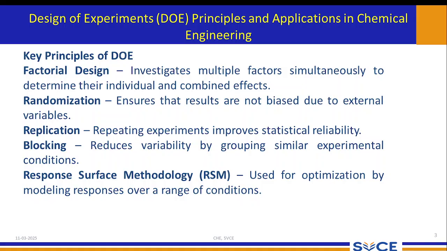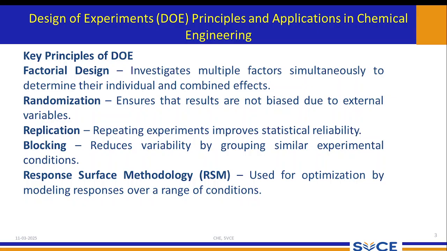Let's say you have pressure and temperature. These are independent variables, so the dependent variable is the yield. When you change variables like temperature and pressure, what will happen to the dependent variable? That's what this means: investigating multiple factors simultaneously to determine the individual and combined effect.